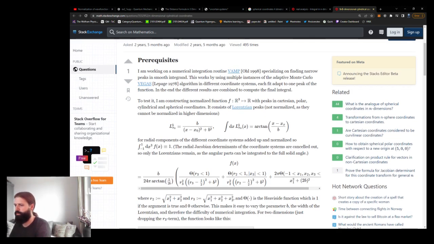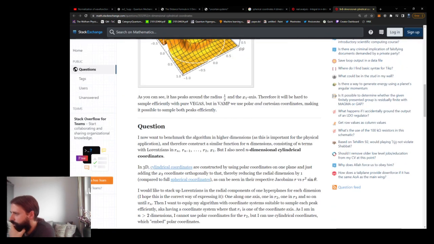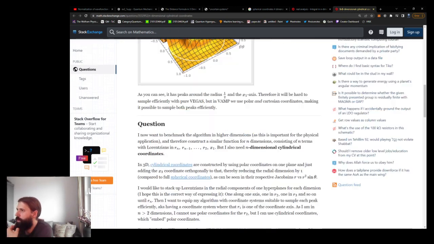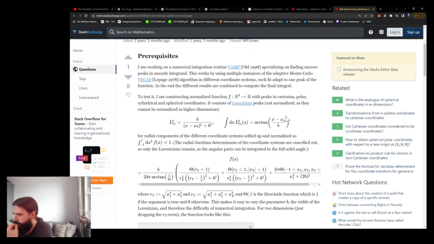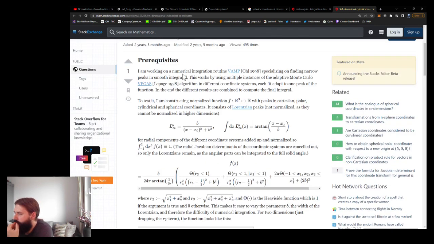Cylindrical, okay, so cylindrical coordinates. Okay, well that's just cylindrical coordinates, right? No, n-dimensional cylindrical coordinates. On numerical integration routine, especially in finding narrow peaks in smooth integrands, this works based on multiple instances of Monte Carlo.